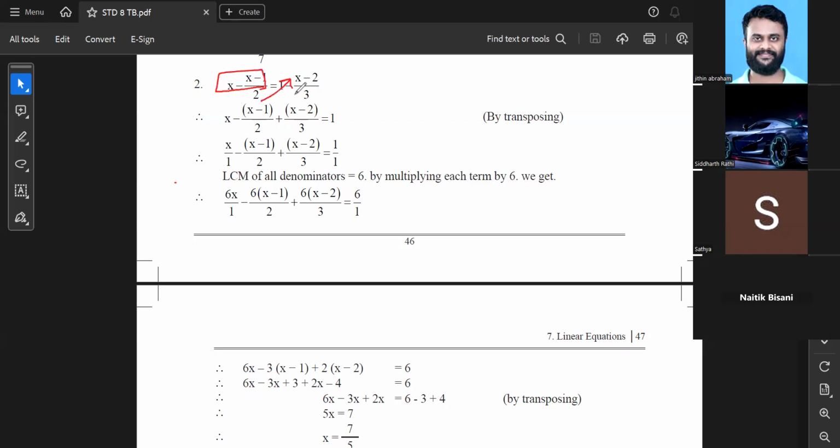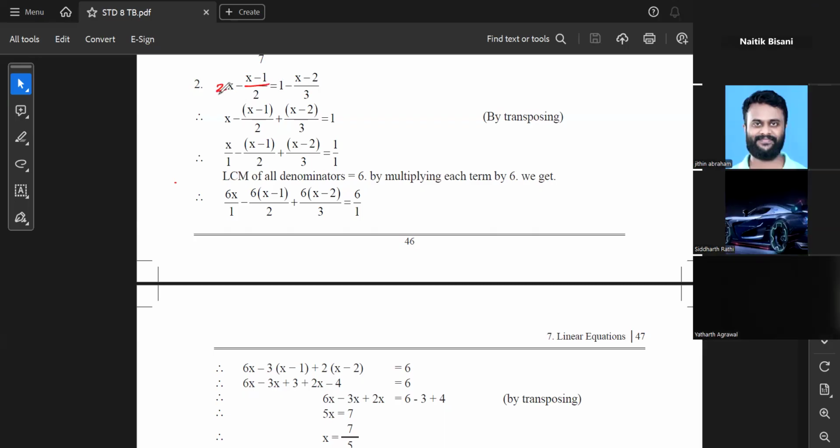Then only you can take it to the other side. Unfortunately, in this step, this 2 is only for this particular expression, not for the other one. So if you wish to do cross multiplication, first of all you have to bring 2 over here also, so that 2 is a common denominator for both the terms on the left hand side. Same thing you have to do on the other side also. Bring 3 over here and then you cross multiply, then you solve further, and you will get the correct answer.